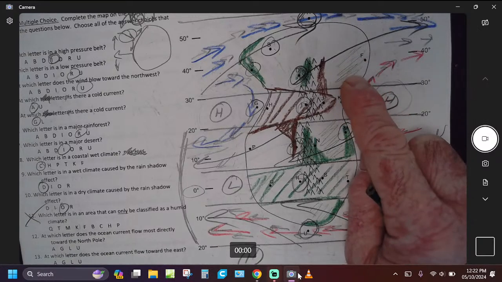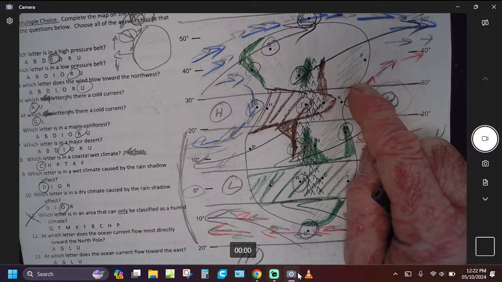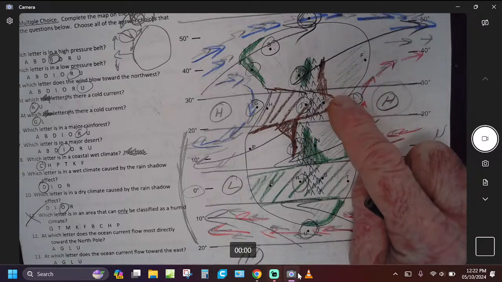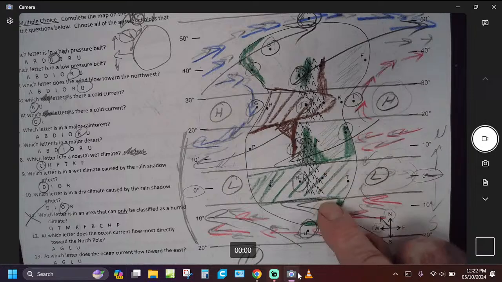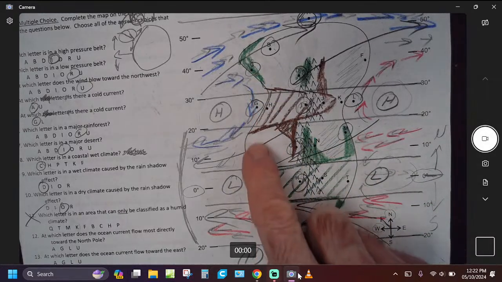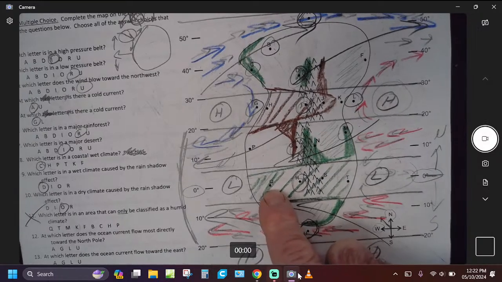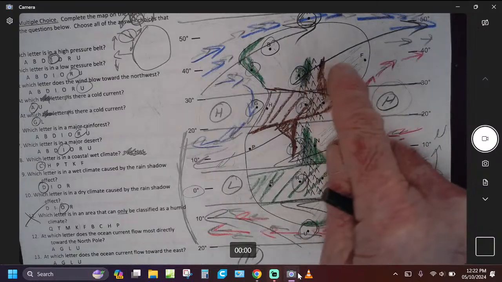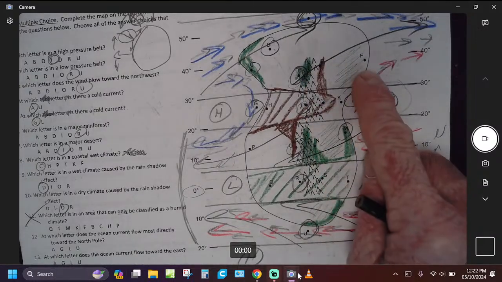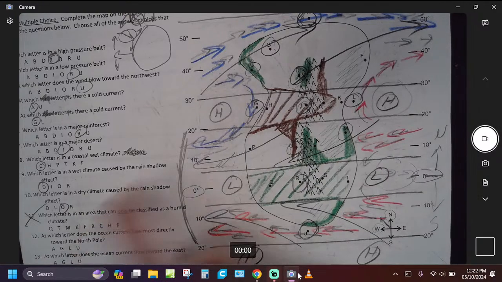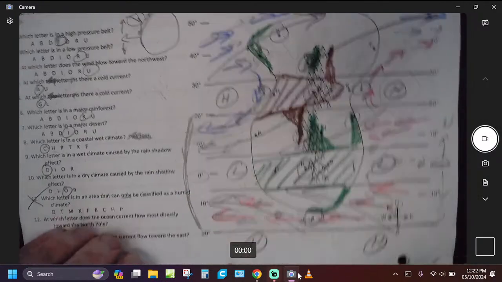If you live in Virginia or Maryland or New Jersey or Vermont or whatever, we're all kind of humid. If you go out west, on the west side of the United States, Nevada, Arizona, Utah, the Dakotas, Montana, they're all kind of dry, so they're less humid. So the answer to this one would have been F. But we're not doing that one.